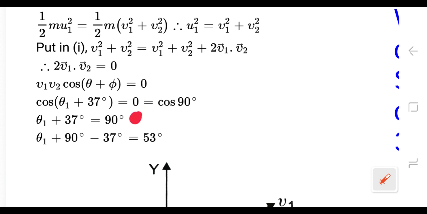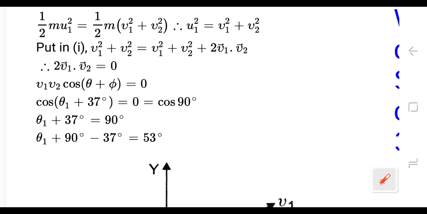How am I going to write 0 on the right hand side in terms of cos so that I can equate what is inside the bracket? I must introduce a cos on the left and also a cos on the right. I know cos 90 is 0. So instead of writing 0, I say cos of theta plus 37 is equal to cos 90 degrees, which implies that you can equate what is inside the brackets.